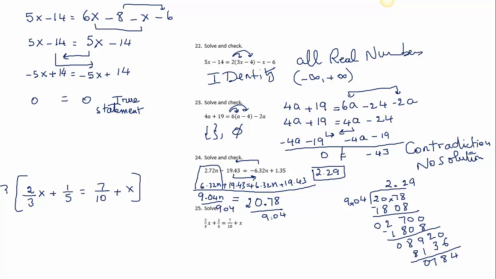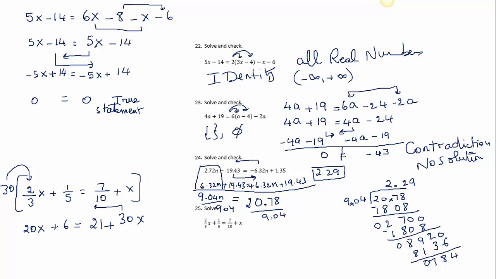So let's multiply everybody by 30. Start with the first one. 30 times 2, 60. 60 divided by 3, 20. So we got 20x. 30 multiplied by 1, 30. 30 divided by 5 is 6. 30 divided by 10 is 3. 3 times 7, 21. 30 times x is 30x.